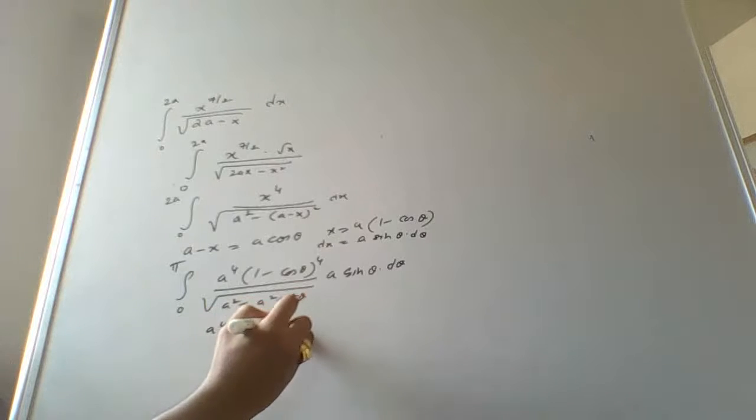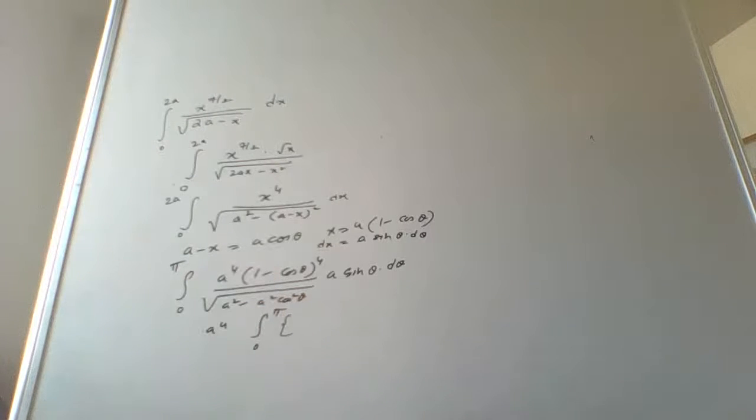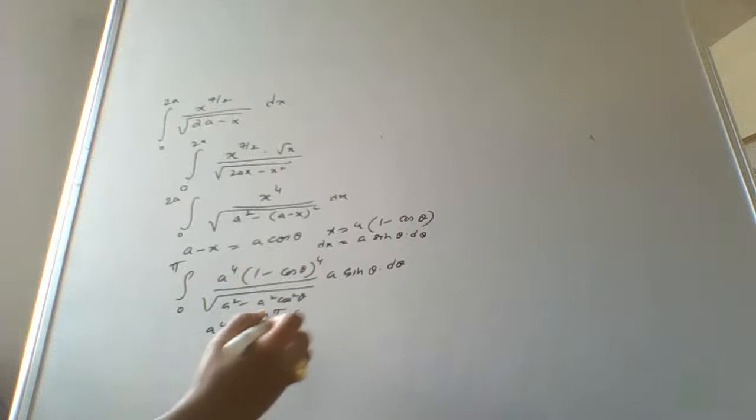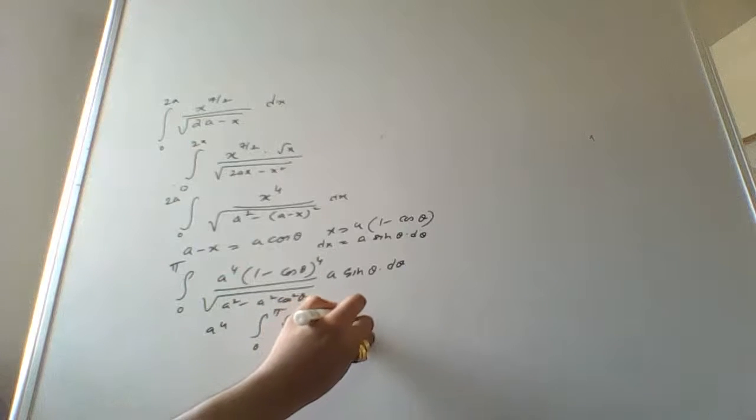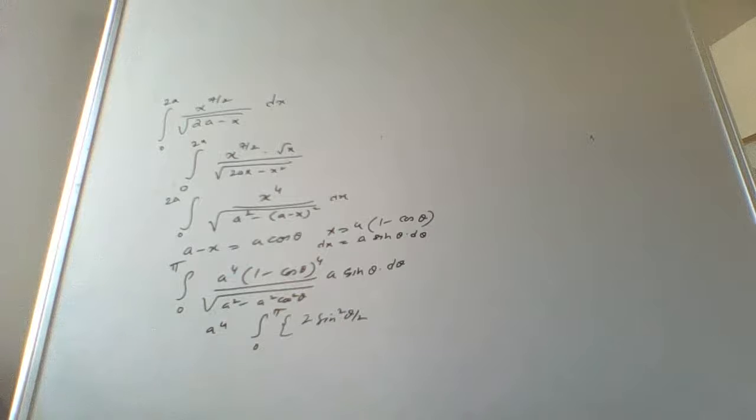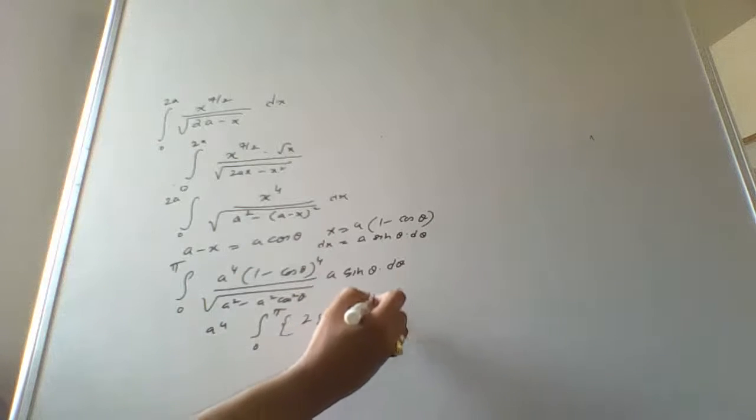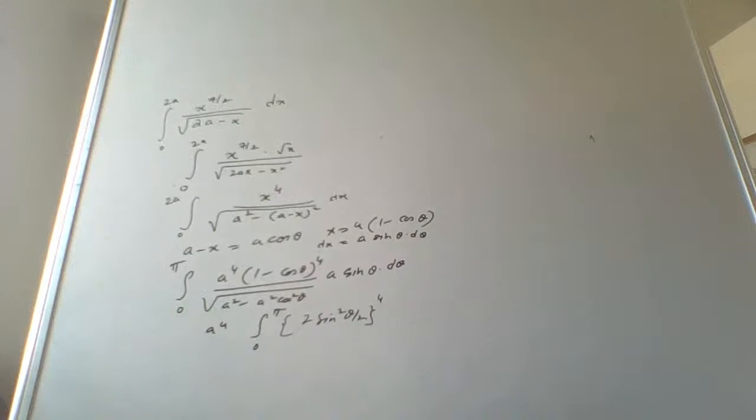And if I try to simplify further, this one is 2 sine square theta by 2, close the brackets, power 4 and d theta.